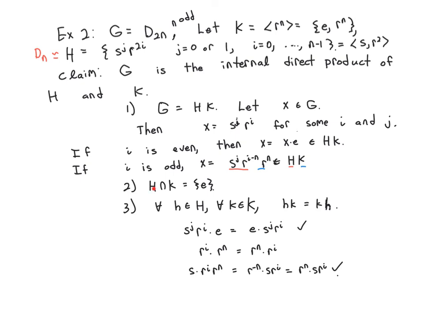Second step, you have to show that the intersection of these two subgroups is the identity. That's not too hard to see because take any element in K, either it's the identity or it's r to the n. r to the n is an odd power, and it's a rotation. The only rotations appearing in the subgroup H have even power. So you're not going to get an even power to be equal to an odd power in this dihedral group, because it's order 2n.